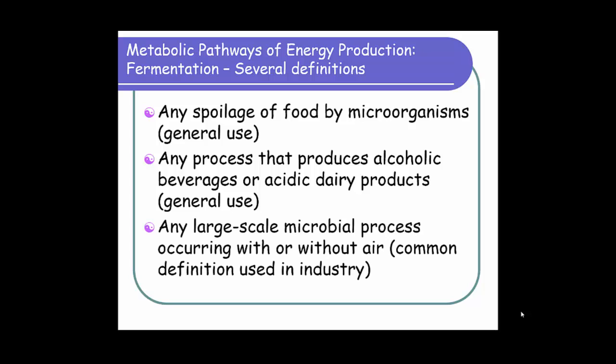A common definition used in industry is any large-scale microbial process that occurs with or without the presence of air. Fermentation is anaerobic, but the reactions of fermentation can occur in the presence of oxygen. It just doesn't need oxygen.